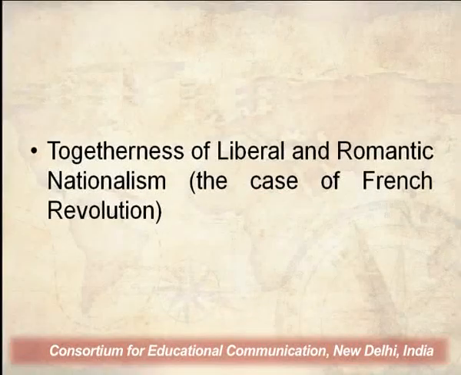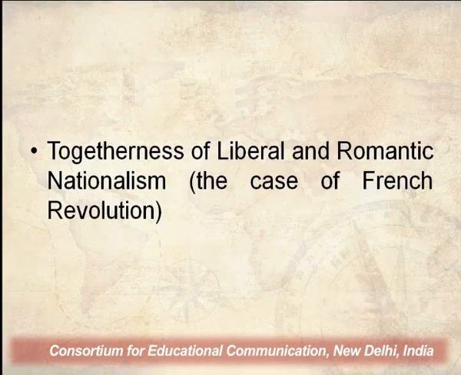But here what you will find is that if you look at the first phase of the French Revolution, that is 1789 to say around 1792, that is a milder form of nationalism that you get to see, which is tinctured with liberal ideas that the Enlightenment scholars had written about.